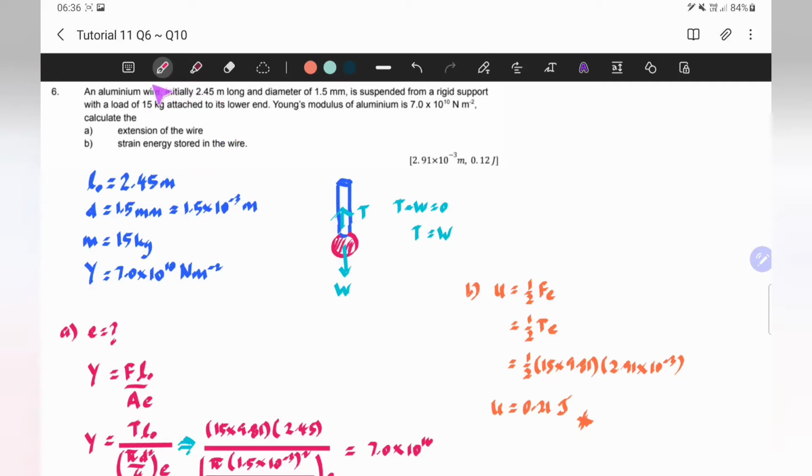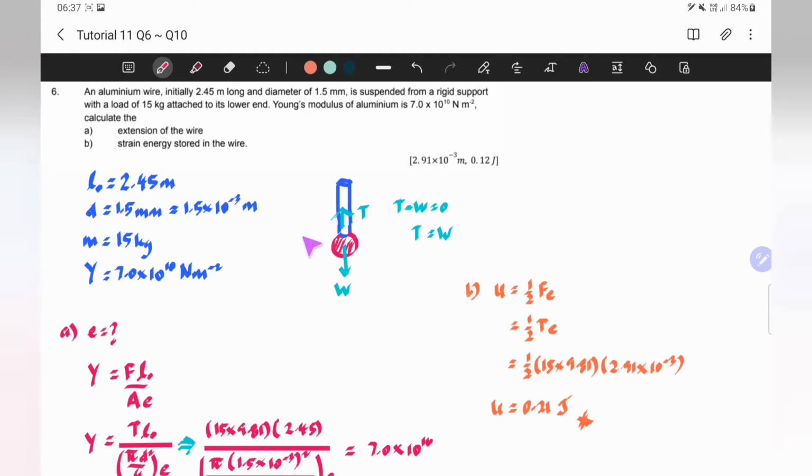Alright, so as usual, you just point out all the info given using symbols. So this is L0, this is the diameter, this is the mass, and this is the Young modulus. I think it's better we convert everything given to SI units, mostly for the diameter here. Alright, so how is the situation?